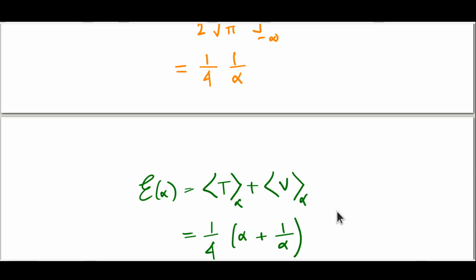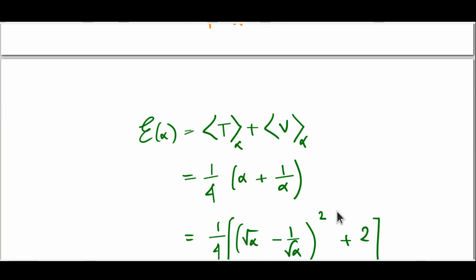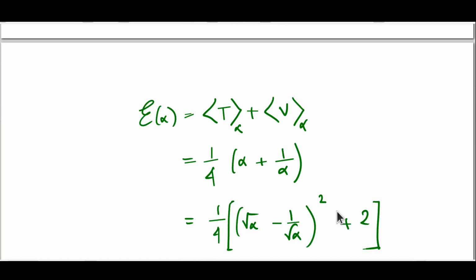But there's a very easy way of doing this using basic algebra. And so let me just point out that all you have to do is complete the square in this fashion. And this tells you that the minimum possible value for this expression is going to be 2 by 4, that is 1 by 2. That will happen when alpha is equal to exactly 1, so that the square vanishes.